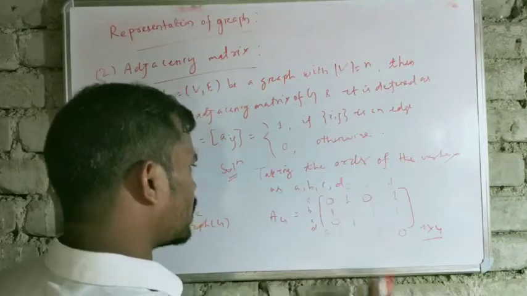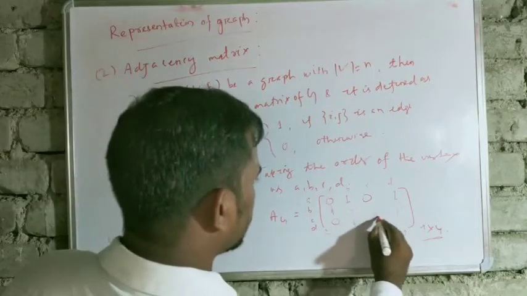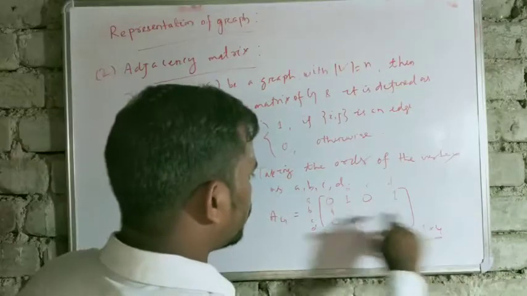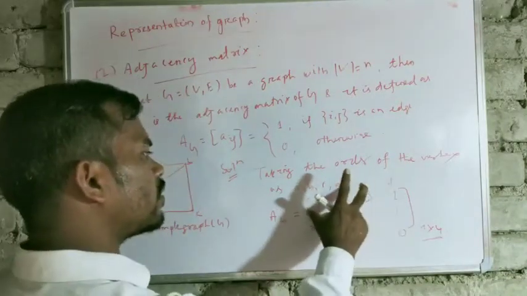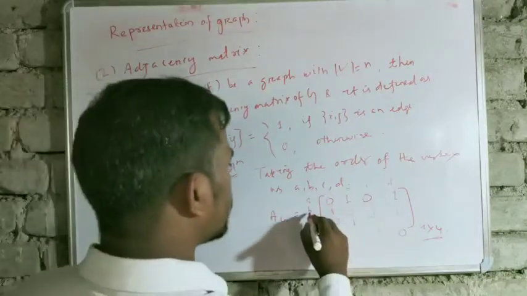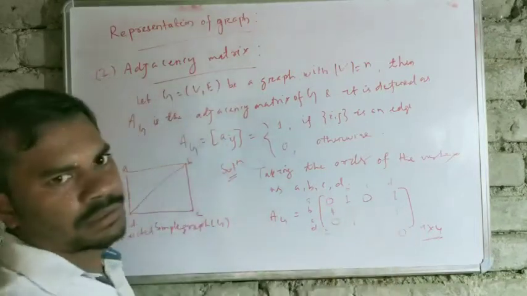In each row there is a vertex and in each column there is a vertex, and you have to enter the entry accordingly. That means this is the B-th row and C-th column. If there is an edge that joins B to C, then in the B-th row, C-th column we have to enter 1.